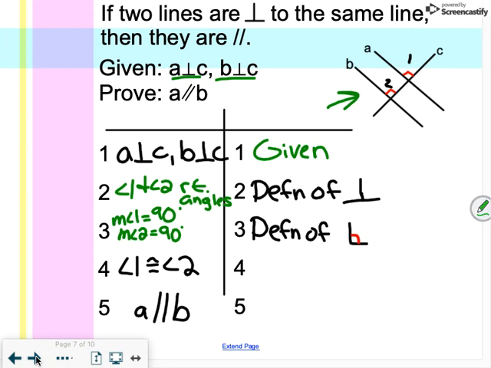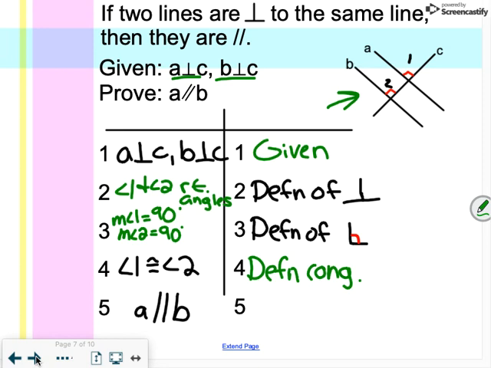The measurements of those angles are the same. What we can now do is say, okay, angle 1 is congruent to angle 2, because that's what it means to be congruent. If the measurements of two angles are the same, that means they are congruent to one another.